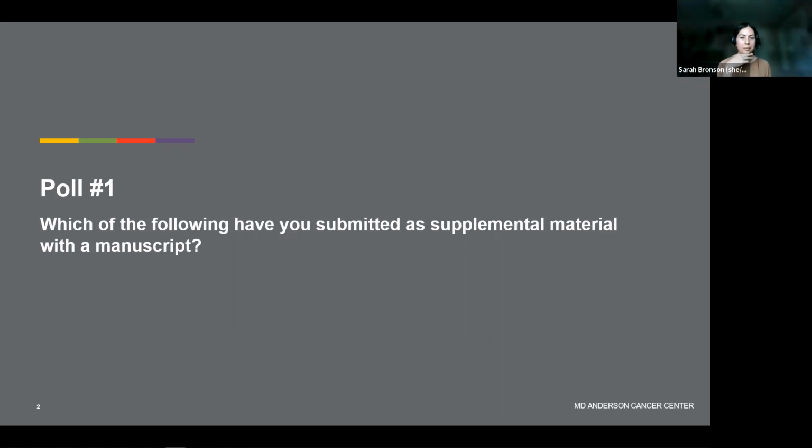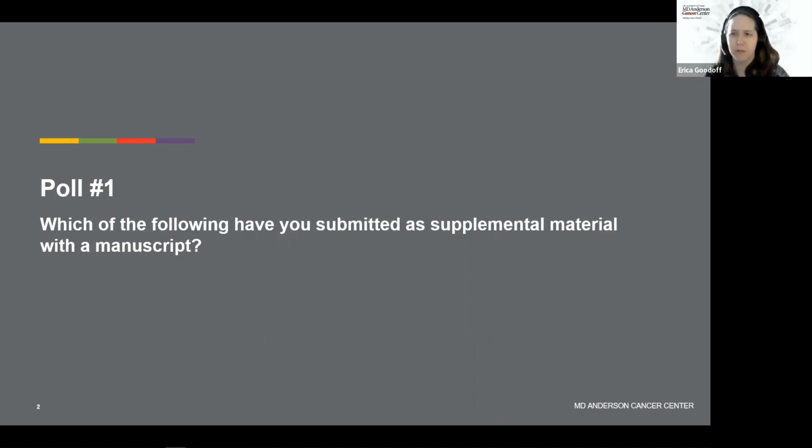I am definitely going to be curious about the breakdown between the critical figures and tables versus not critical. Yes, same. And it looks like we had one write-in. Somebody also submitted software as a supplemental thing. That wasn't one of our options. And also, sorry for the confusion.